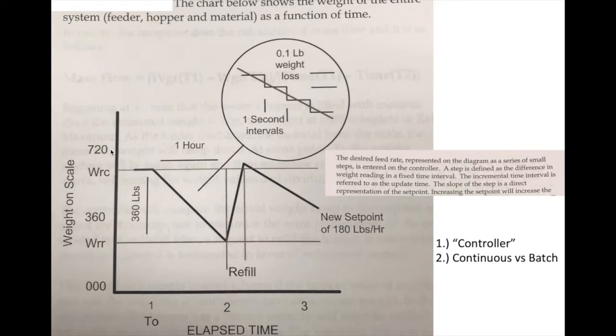It says 720. It doesn't matter what the units are, whether it's pounds or kilograms. And this is the weight of refill complete, and this is the weight of the refill required or refill request.